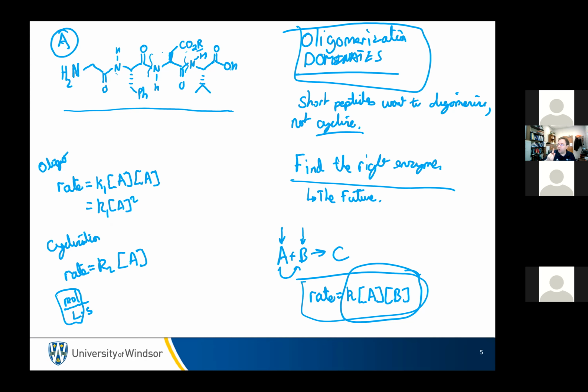If I have one molecule in a vast sea of solvent, it will react over a given time frame. But if I have 10 molecules in that same sea of solvent, I expect a molecule amongst those 10 to react a whole lot faster than one on its own, because now there are 10 of them that can do this.